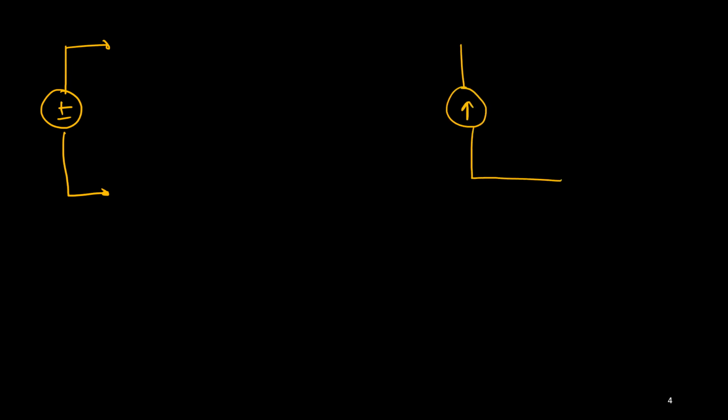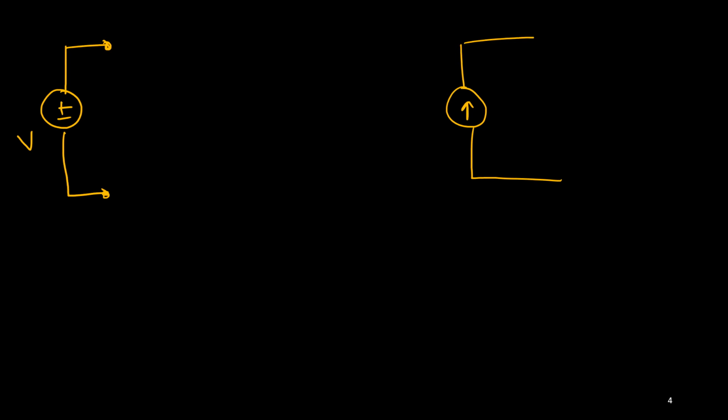Okay, so now we have two kinds of sources. One is voltage source, another one is current source. Now in the voltage source, voltage is fixed. This end-to-end terminal potential is suppose capital V. But current through the voltage source is not fixed at all.